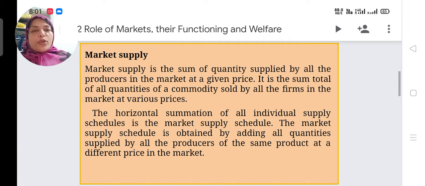It is the sum total of all quantities of a commodity sold by all firms in the market at various prices. For example, in Karaikal, a tomato seller is selling 1 kg of tomato at 20 rupees.